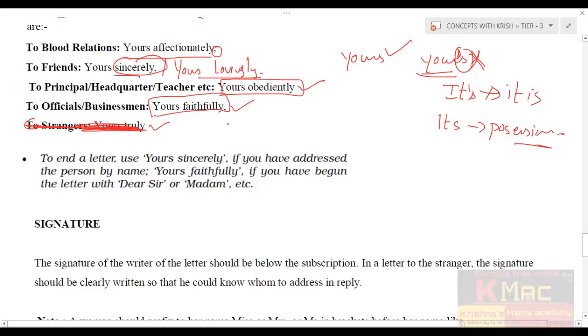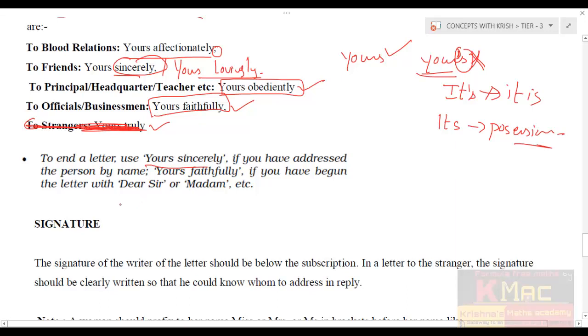When you are not mentioning any name like dear Rajesh or something like that, then you have to use faithfully. But if you are using any name, better to use yours sincerely. So this is what this statement says. To end a letter, use yours sincerely if you have addressed the person by name. Use yours faithfully if you don't mention a name.